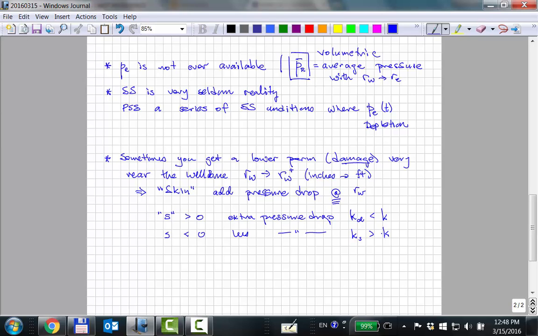Every well in the Ekofisk field is stimulated with just a hydrochloric acid treatment, and it stimulates 10, 100 feet around the wellbore. They don't generally create fractures, maybe not, but they get this enhanced permeability.